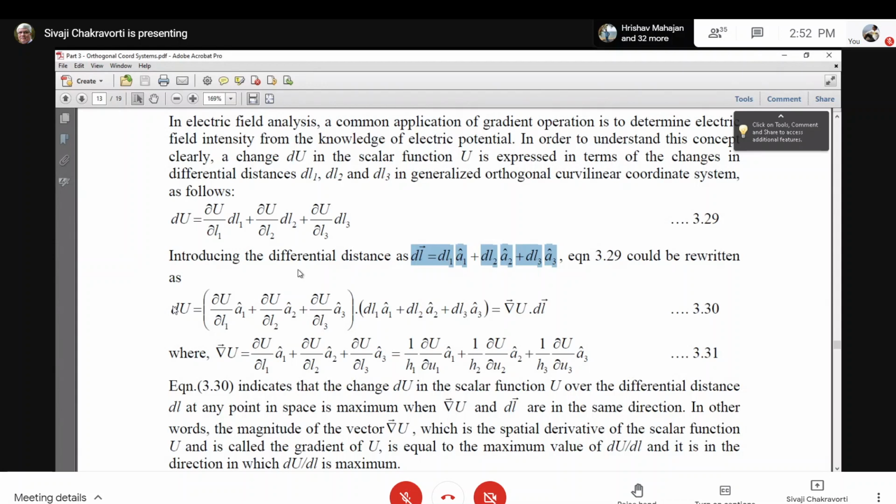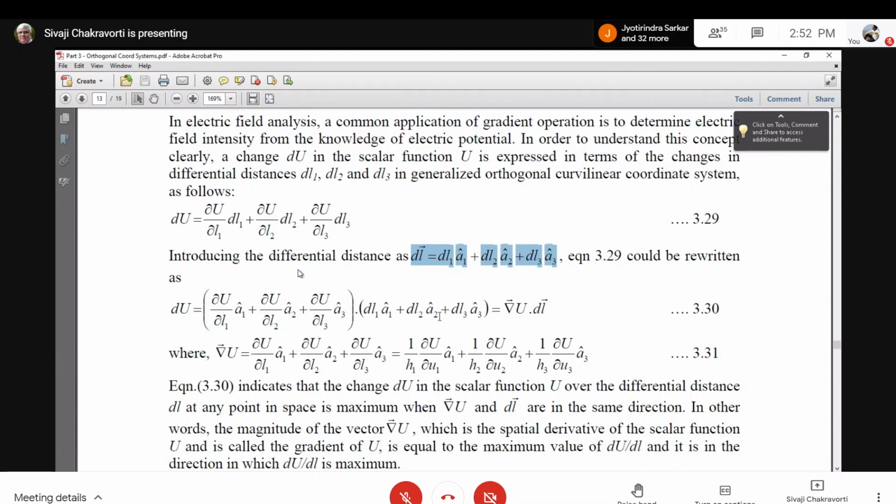If you look at equation 3.30, see the two parentheses. The first one is a vector operator. The second one is the differential distance vector. Then if you take the dot product, you get the differential of that scalar function.